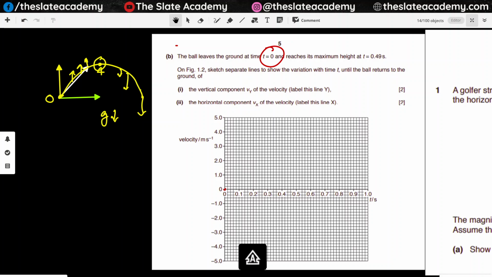So for a projectile, while the body is moving upwards, the vertical component of the velocity keeps diminishing until the body reaches maximum height.